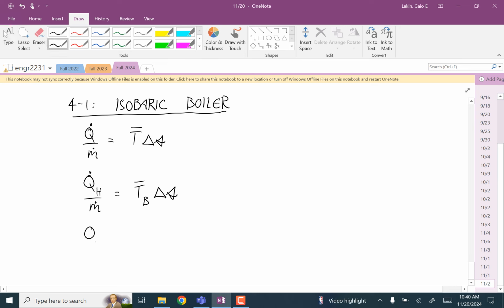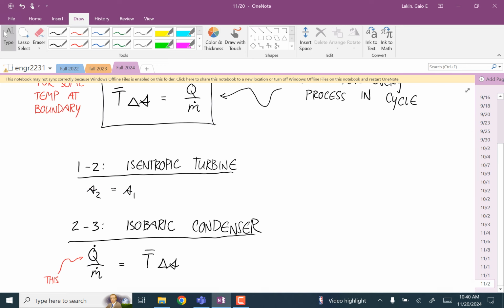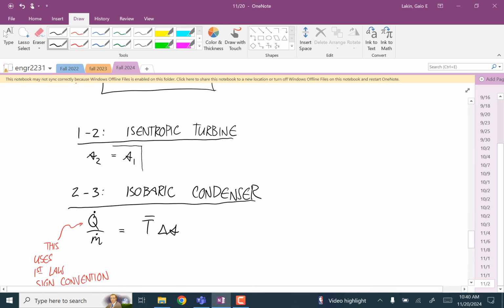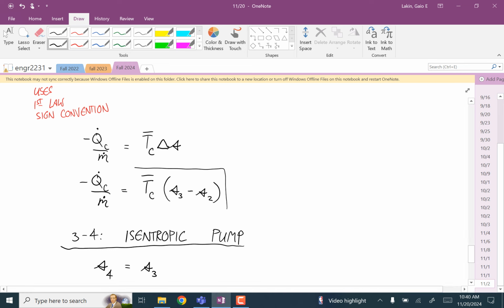And I'll rewrite this as QH dot over M dot is equal to the temperature at the boiler times the specific entropy at state 1 minus the specific entropy at state 4. Okay, so now we have all these relationships. So for each one of these, our final equation is the thing that we're going to use.